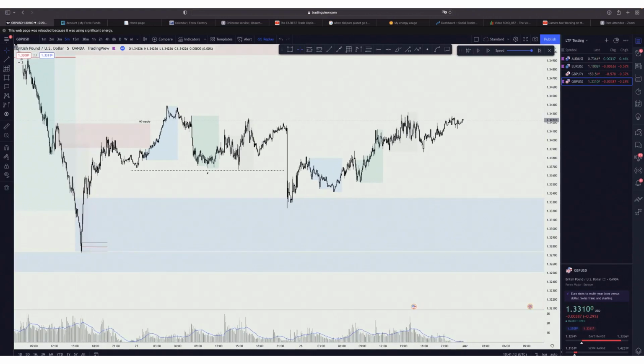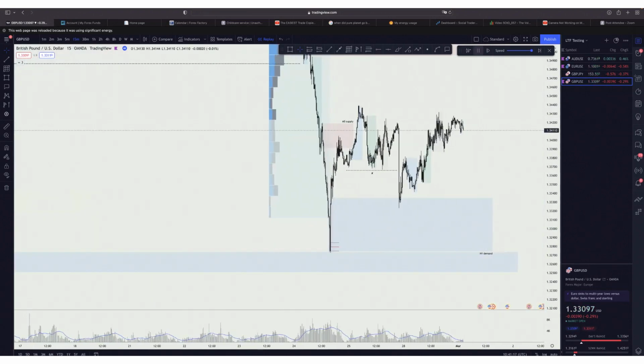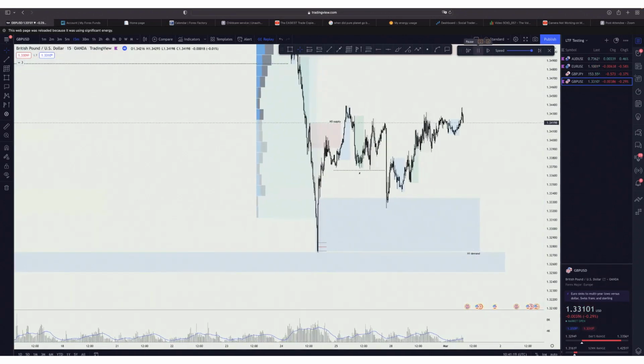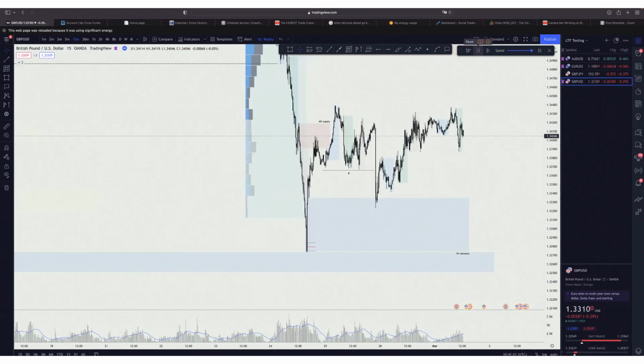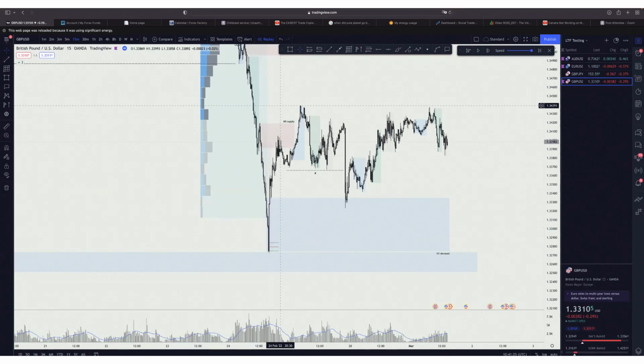Okay, that's not really moving anywhere. So we had this 15-minute. It's not a brilliant supply, but there is a supply there, which is holding price at the moment.